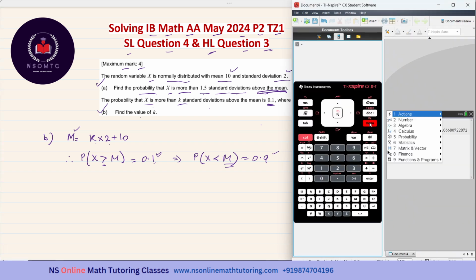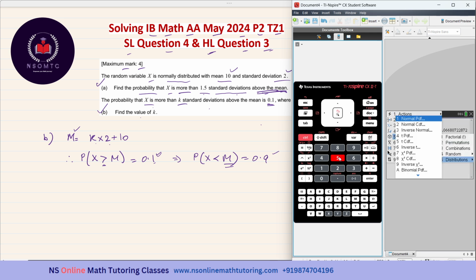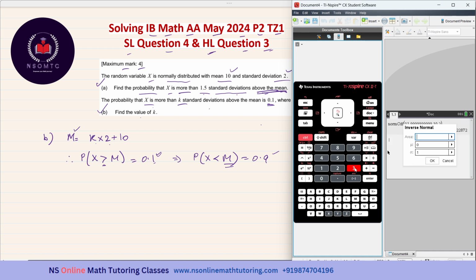I'll be going to Menu and then number 5 Probability and number 5 Distribution, and this time it is the Inverse Normal. So I am selecting number 3, and the inverse normal area will be the probability, which is 0.9, and the mean is 10 and the standard deviation is 2. Okay, enter. This is 12.56.